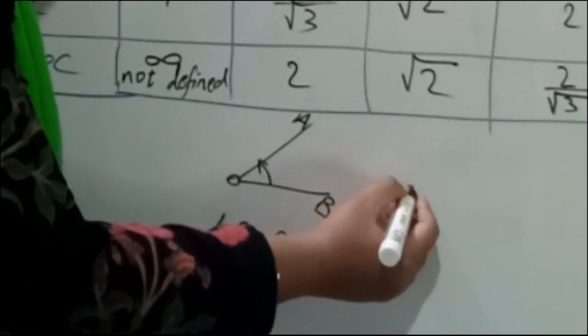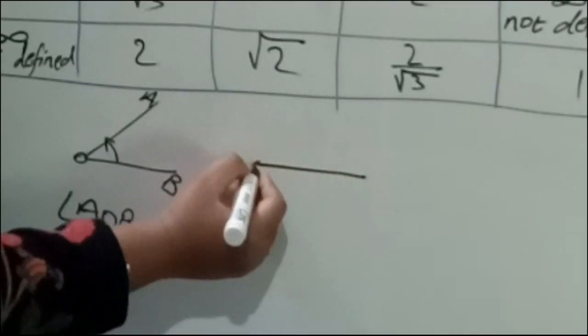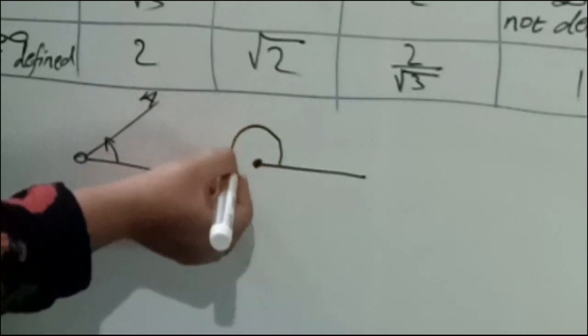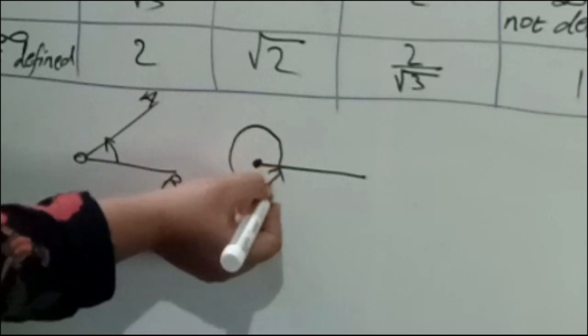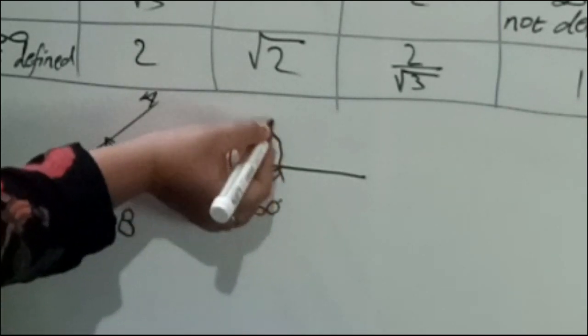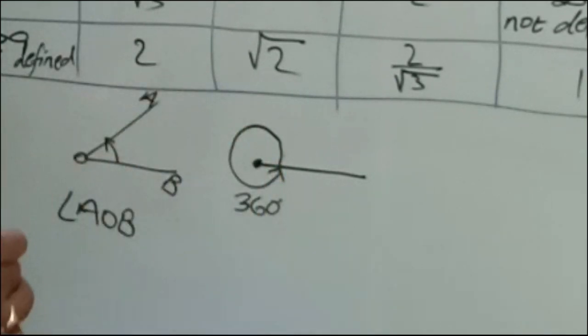Here is a point, and from here onwards the angle starts. The total angle around a point is how much? 360 degrees. The total angle around a point is 360 degrees.